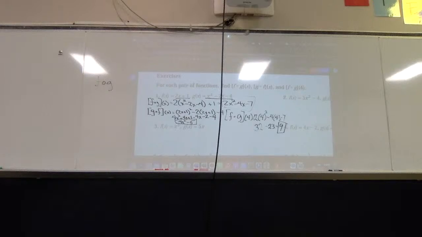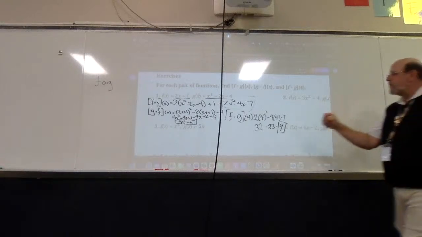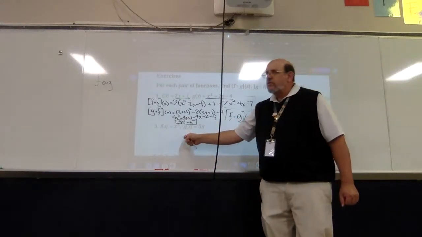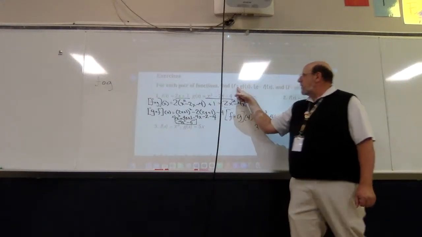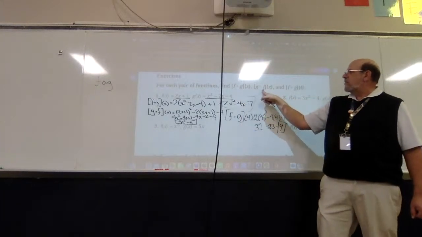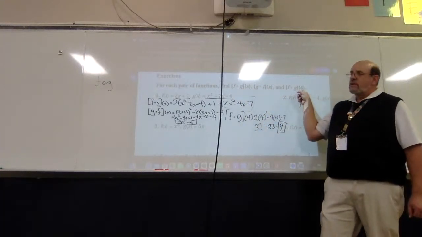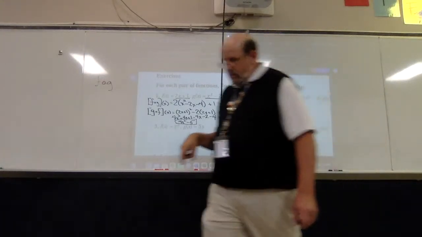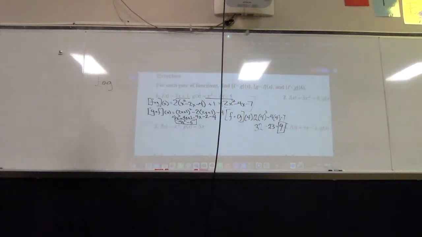Number 3 should be real fast. 5 cubed is 125, by the way. Just keep that in your head. Do number 3. Give me both compositions, and then in that first composition, input a 4. Go. You have 2 minutes.